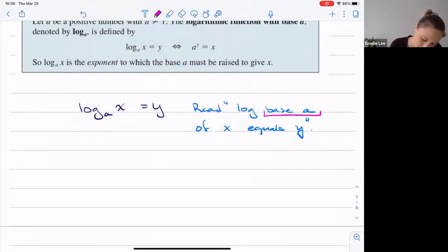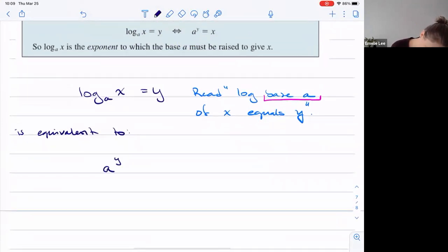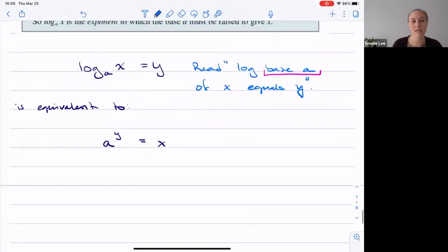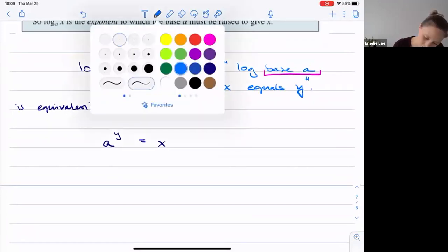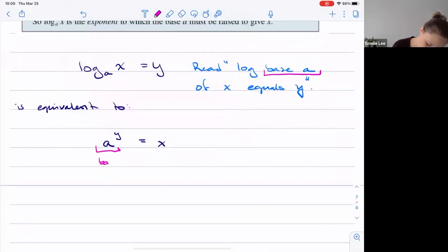That is equivalent to a to the power of y equals x. So again, we have a base a. Now, here's where it gets weird, right? Here you have this y. So a to the power of y equals x.